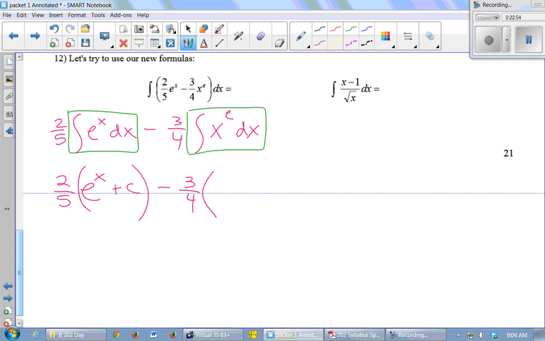X to the e plus 1 over e plus 1. This is a power rule because e is just a number, so it's x to a power. So I use the power rule.